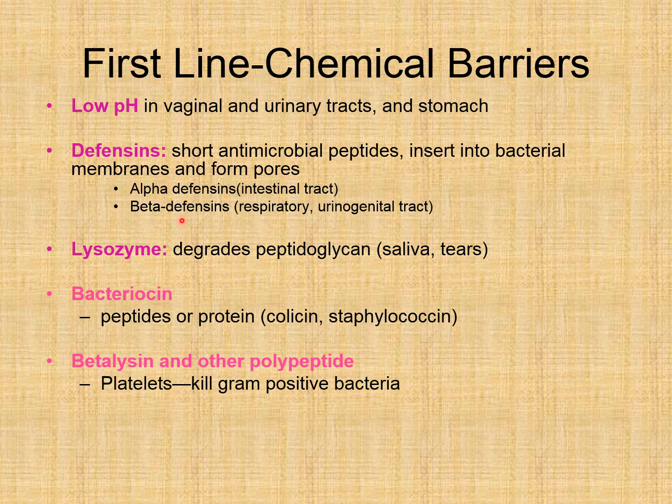Alpha defensins are generally secreted by neutrophils and macrophages and by Paneth cells in the intestinal tract. However, beta defensins are secreted by epithelial cells of the respiratory tract and urogenital tract and most of the leukocytes.